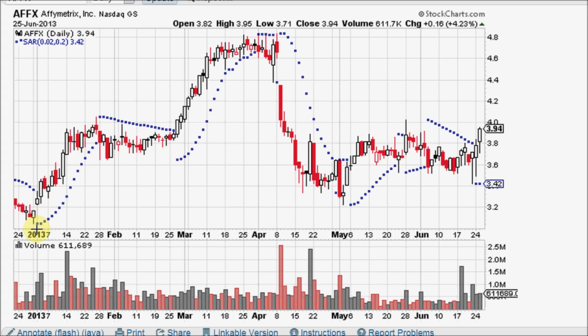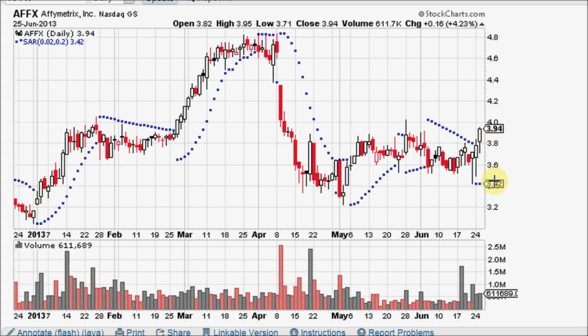So let's look at your potential gain on a 1,000 share trade here. SAR flips positive. You're in at about 3.40. It looks like about 10, maybe 15 days later, a couple of weeks later, it shows up above the candles. That's the sell signal. You sell the next day right here for about 3.80.